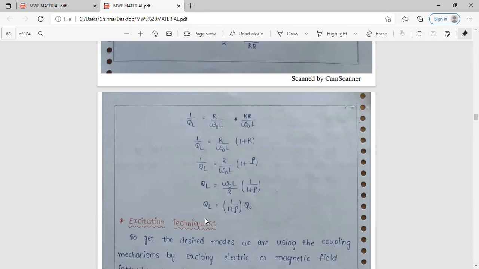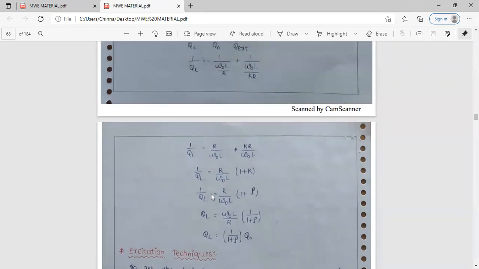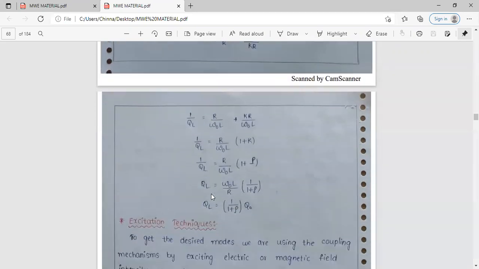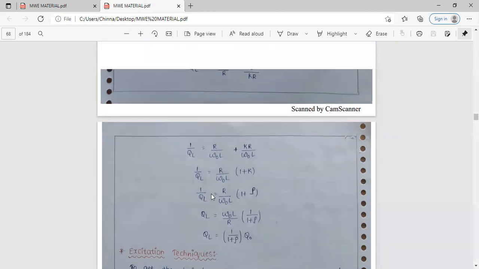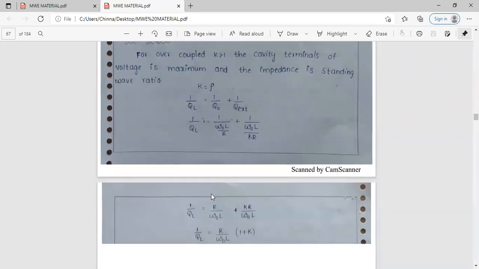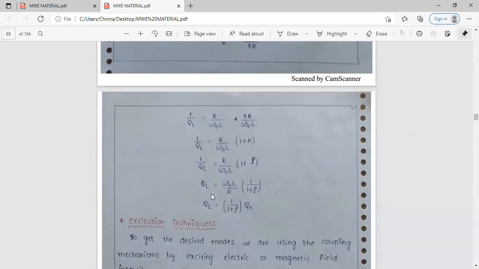This is the formula for the overcoupled. Critical అయిపోయింది, under అయిపోయింది. Critical కి వచ్చేసరికి half into Q naught ఉంది. Undercoupled కి వచ్చేసరికి ఫార్ములా ఉంది rho by rho plus 1. సో overcoupled కి వచ్చేసరికి ఏంటంటే 1 by 1 plus rho into Q naught. That is the expression for the undercoupled, overcoupled and critical coupled.